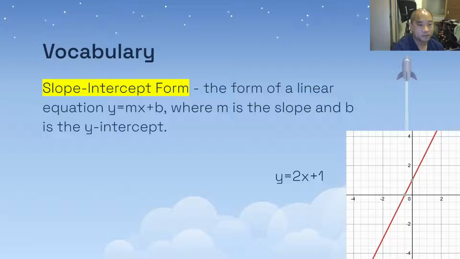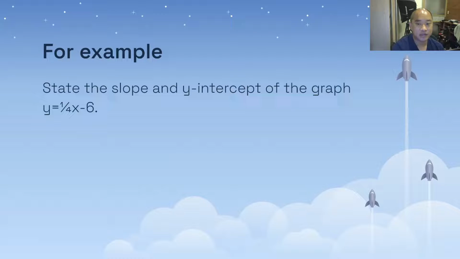Okay. So here's an example. State the slope and y-intercept. The slope, remember, is the coefficient of x, the thing that we're multiplying with x. So the slope, m, equals 1 over 4. The y-intercept here is the thing that we're adding or subtracting. Here it's -6.